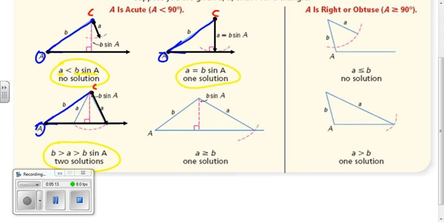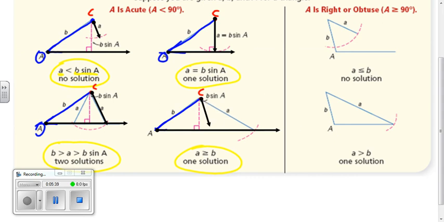In a situation like this, though, where A is greater than B, again, we have our acute angle, leg B, which is stationary, comes out to point C. Our length C here, we don't know exactly how long it is, but it can be as long as we want it to be, so that it may be there.